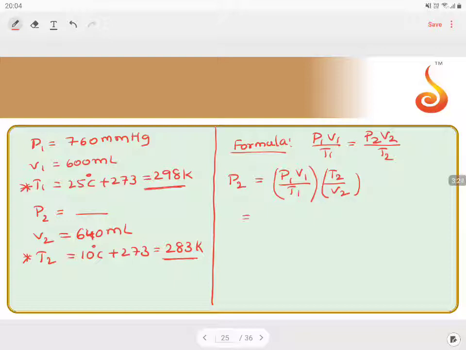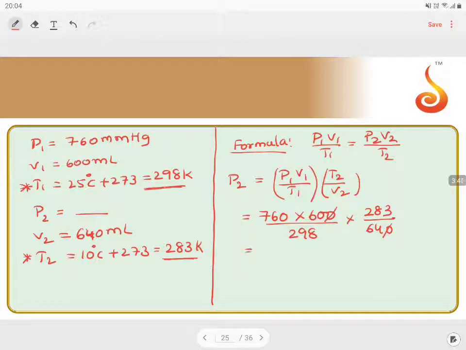Substitute all the data in this, children: 760 into volume 600 by T1 298 into T2 283 by V2 640. So now the 10s get cancelled.